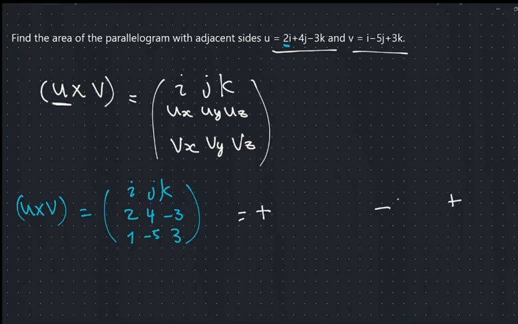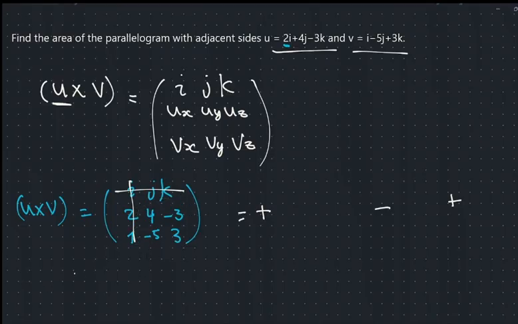The first step is put a plus, and then a minus, and then another plus. And then the second step is start by eliminating this row, the first row from the left, and then go to this matrix here and find its determinant.